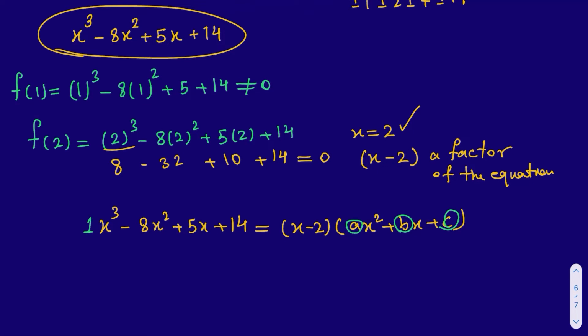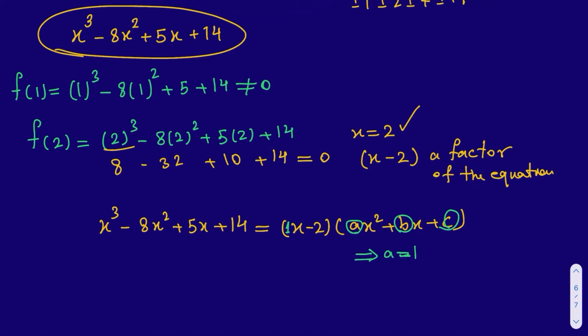We will see it's 1. The factor that we have found has a coefficient of 1, so the coefficient a in the quadratic must also be equal to 1, because we need to get the coefficient of x to the power of 3 to be 1, not any other number. So a is equal to 1.